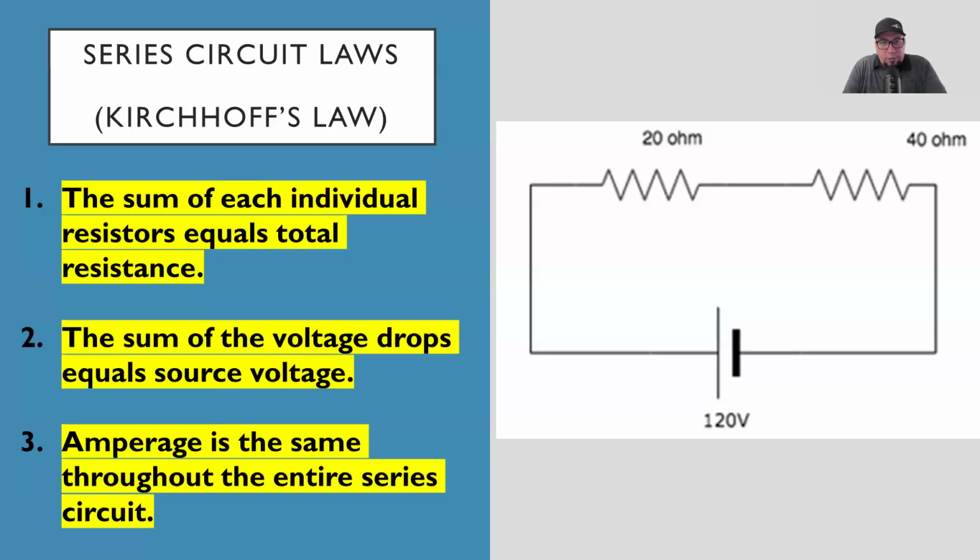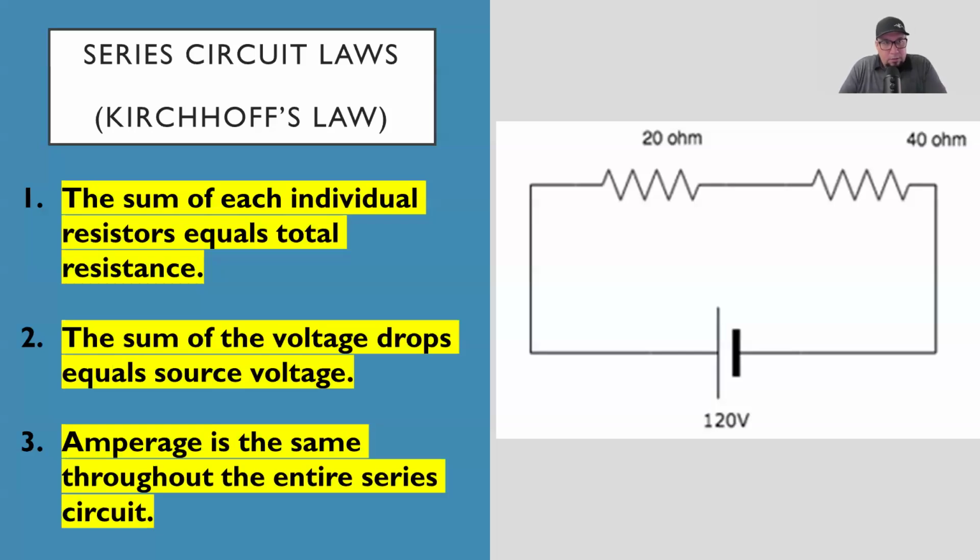The first one couldn't take 50 and the second one 200, because 50 plus 200 does not add up to 120. The voltage drops have to add up to 120 to make the math work. In this instance, the 20 ohm resistor would probably take 40 volts, and the 40 ohm resistor would probably take 80 volts. 40 volts plus 80 volts is 120 volts. Okay, so that's how we would get to that number.